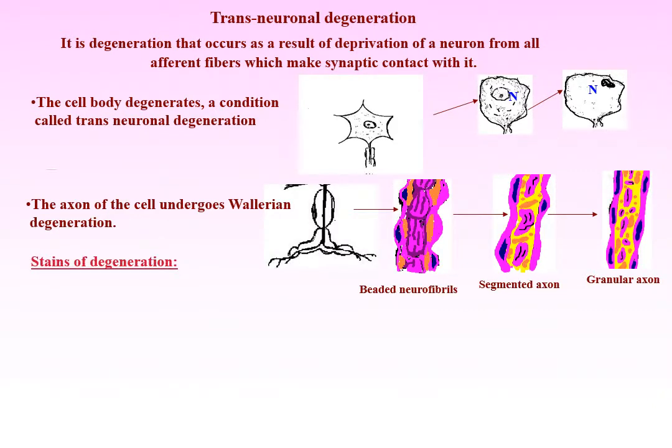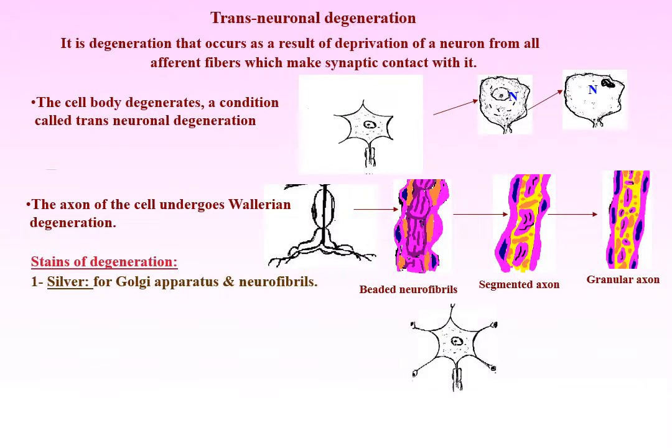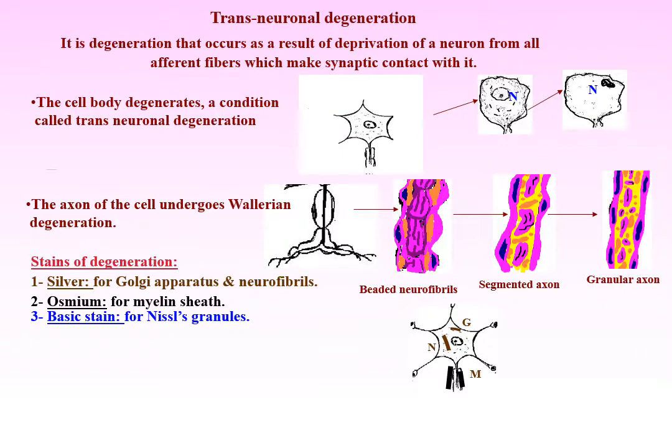Stains of degeneration. Silver stain demonstrates the changes in Golgi apparatus and neurofibrils. Osmium is used for the stain of myelin sheath. Basic stain is used for demonstration of the changes of Nissl's granules. Weigert-Pal stain.